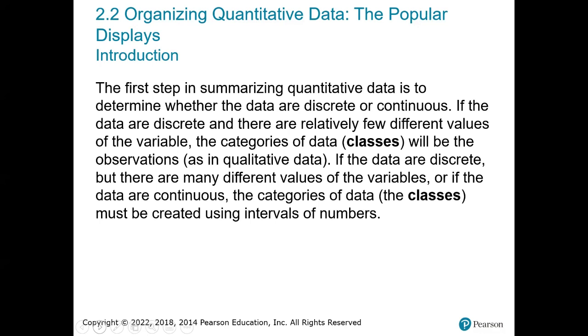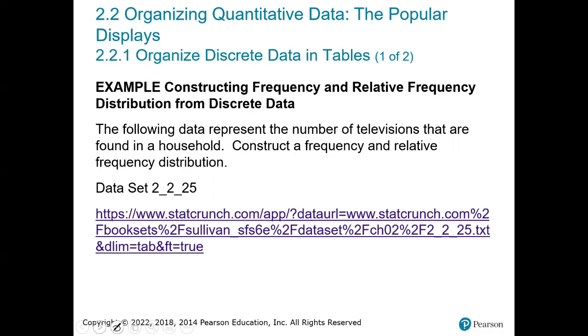If, however, the data is continuous or has a lot of range to it, we're not going to want to draw a bar for every single value. So what we do instead is we create these groups or these classes of data. So I'm going to show you both of them. The first one is going to be a small set of discrete data and how we graph number data different than we graph word data.